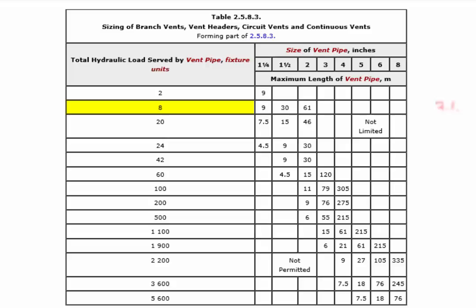So we have a 5 meter length, and for 8 fixture units being served, according to table 2583, we can use 1.25 inch for up to 9 meters. So initially we're going to give that 1.25 inch for size based on table 2583.